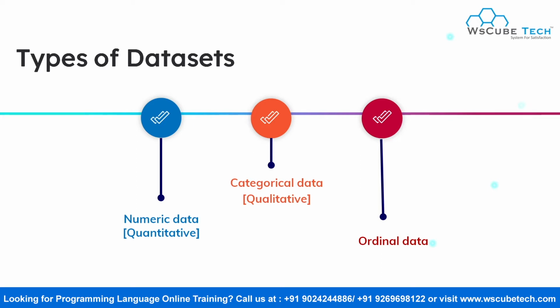Categorical data can have numerical data as well. This point is to be noted: your categorical data can have numerical data inside it, but it doesn't have any mathematical meaning. For example, if I say true or false, I can represent true as 1 and false as 0.